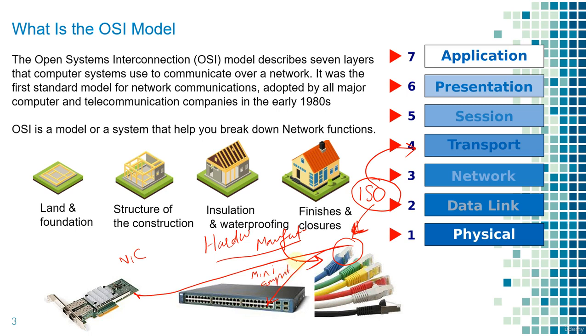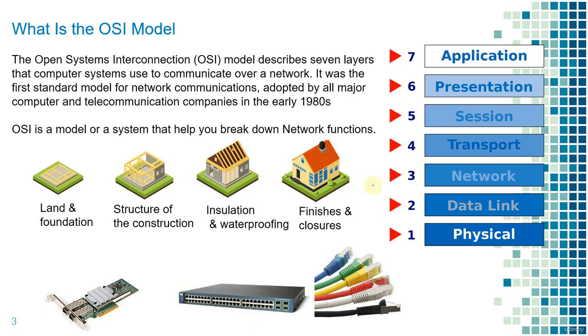Even if you want to manufacture a computer, you always have to follow some rules, and those rules are governed by ISO, the organization. So you always have to follow the rules. This is the whole idea behind having the OSI model. Another aspect is troubleshooting.